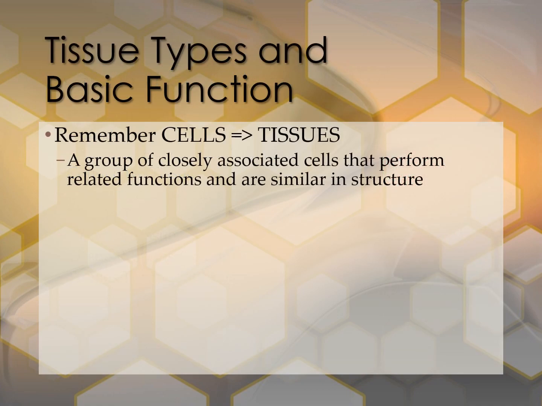So now what are tissues, right? Remember back to our first lecture, we talked about the hierarchy of structural organization and how we have small things building up to bigger and bigger things. So we said that cells come together to create tissues. When we have some cells that are performing the same functions, very similar in structure and shape, then these are going to come together and create a tissue.